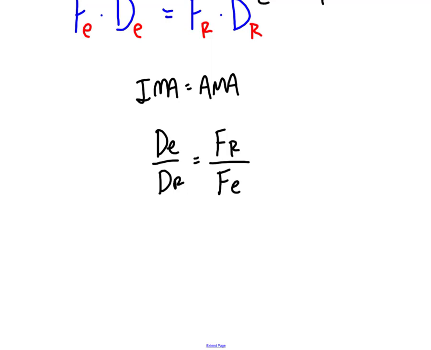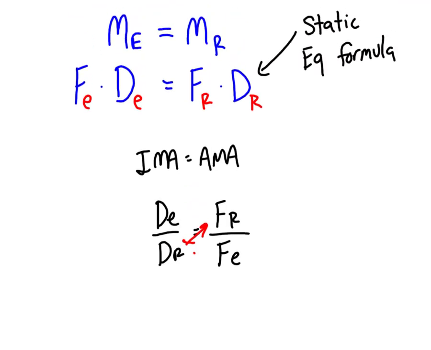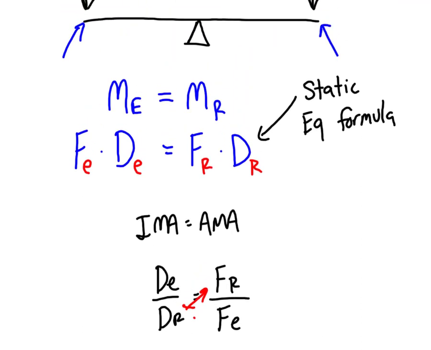You get FR times DR equals FE times DE. So that's one way you can find it. But that formula right there, FE times DE equals FR times DR, is going to be your go-to formula.